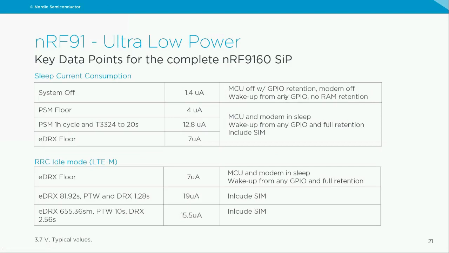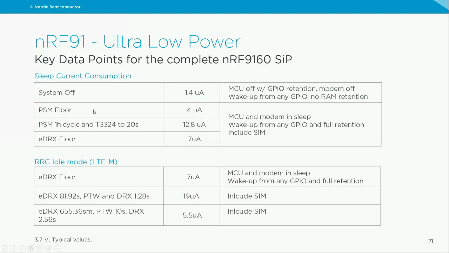So you don't actually have to disconnect any external circuitry in any graceful or non-graceful way because you lose power on the I/O. So that makes things very much simpler than a lot of other modems out there that turn off all the GPIO retention when they go to deep sleep. And by doing that, you lose control very easily of external circuitry, and you have to reinitialize a lot more when you wake up.